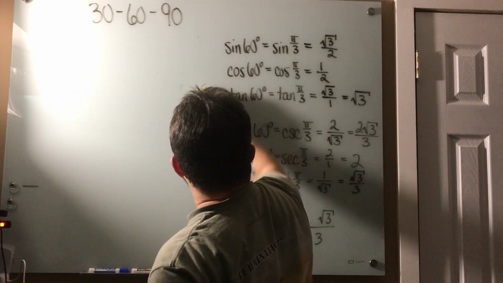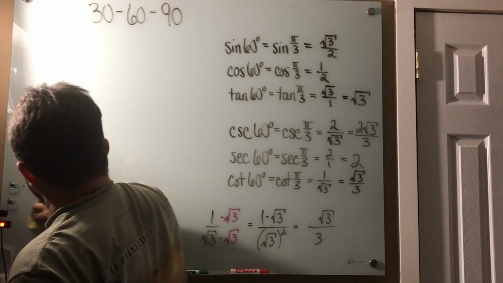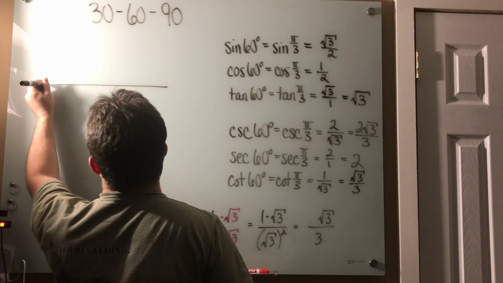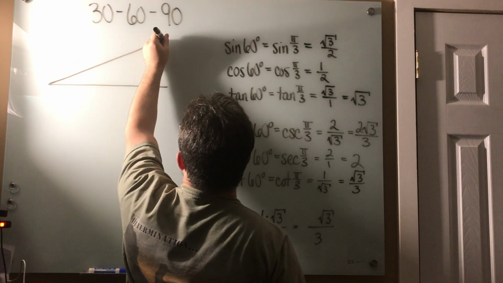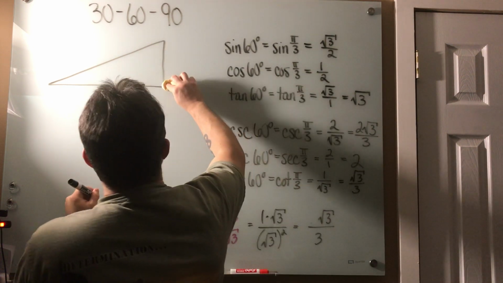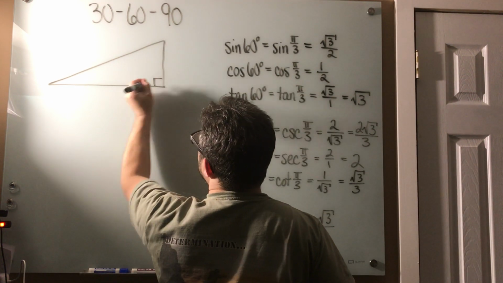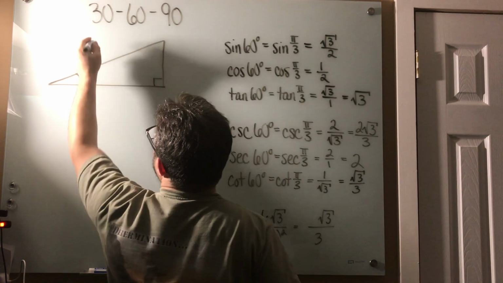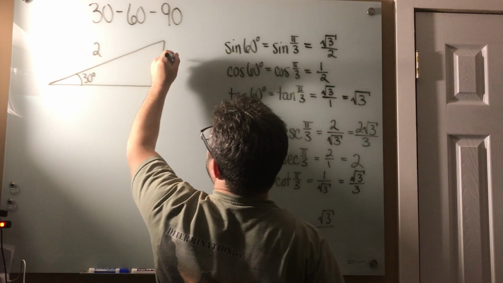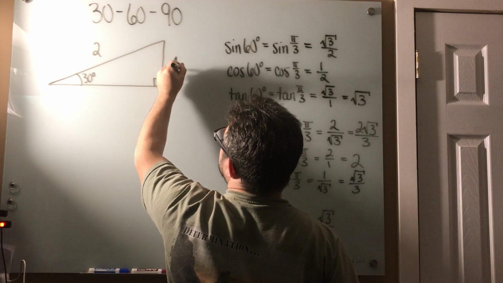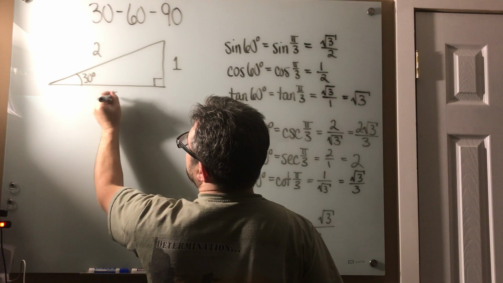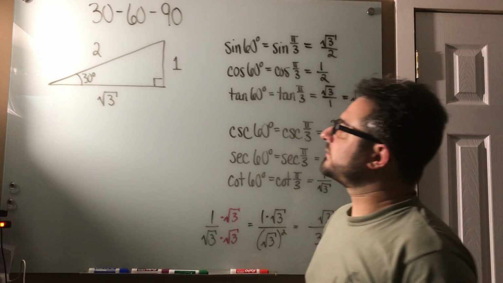So when we draw this out, and forgive me, I'm not an artist, so it might not be perfectly to scale, but the 30 degrees down here now, the hypotenuse is still 2, and the 1 is opposite the 30 degrees, which makes this side the square root of 3.